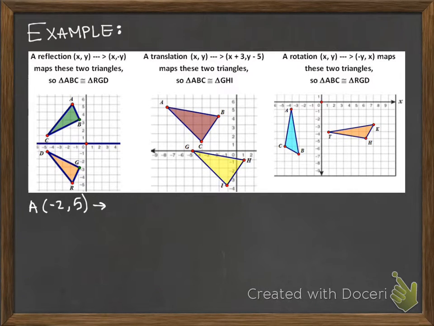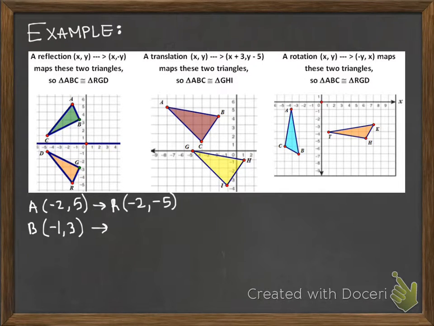Remember, the x-coordinate comes first and the y-coordinate comes second. After flipping that triangle over the x-axis, the point A became the point R in the image at the bottom. The point R is at -2, -5. So we can see it's the exact same coordinates, only the y-coordinate 5 went from positive to negative.